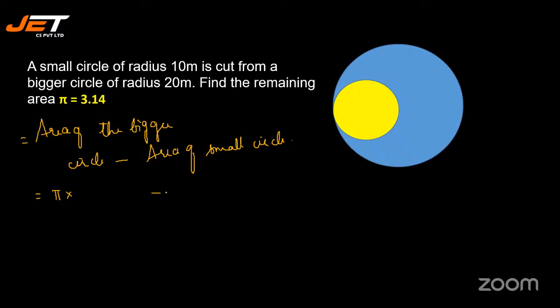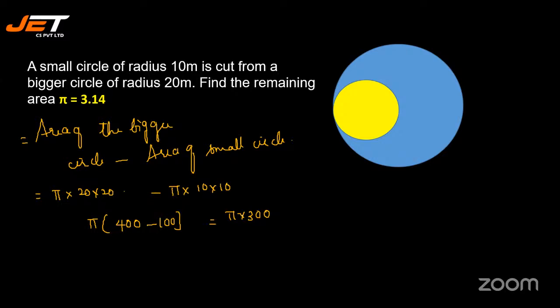So pi into small circle has radius 10 into 10. The bigger circle has a radius 20 into 20. Okay. Let us take pi outside. So 20 20s are 400 minus 100, which is pi into 300. So pi we are taking it as 3.14.